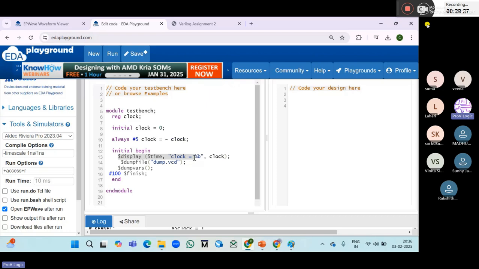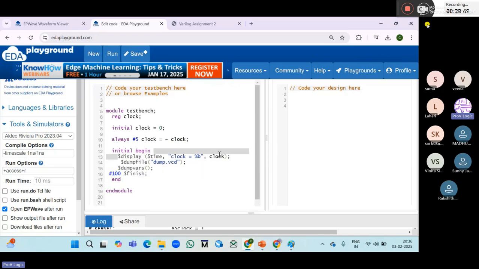That is one case, or else, initial blocks will start execution at 0 simulation time. All initial blocks will start at 0 simulation time, right? So at 0 simulation time this clock equal to 0 is executing, and immediately this initial block will be executed.